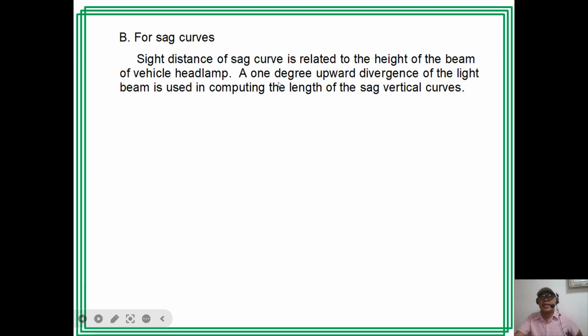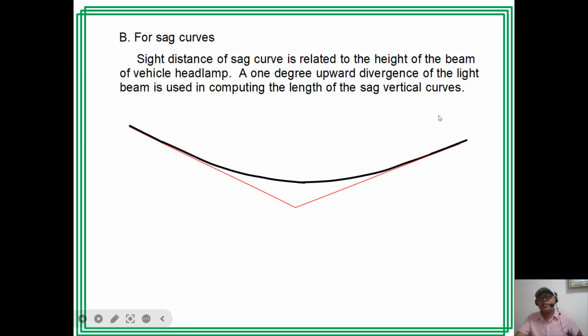And a 1 degree upward divergence of the light beam is used in computing the length of the sag vertical curves. By the way, this assumes that we have a short stopping sight distance for night time compared to daytime, because in daytime everything can be seen in the sag curves.